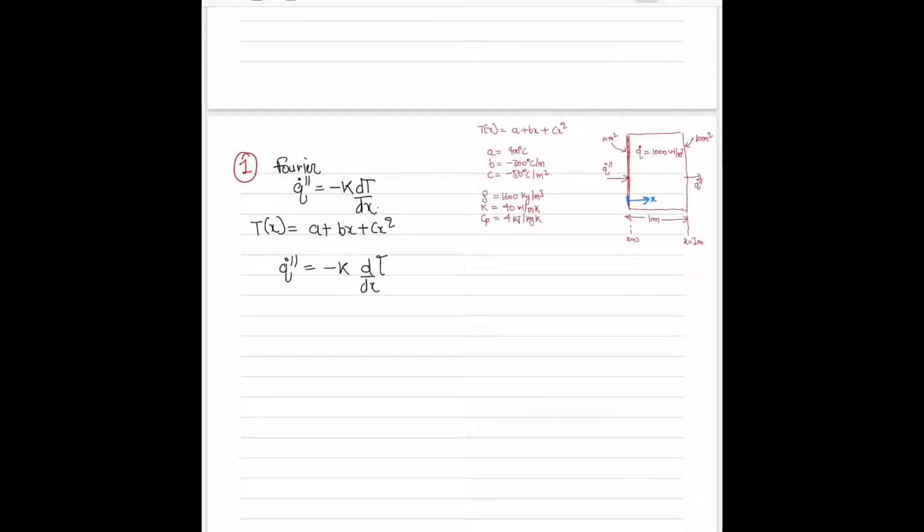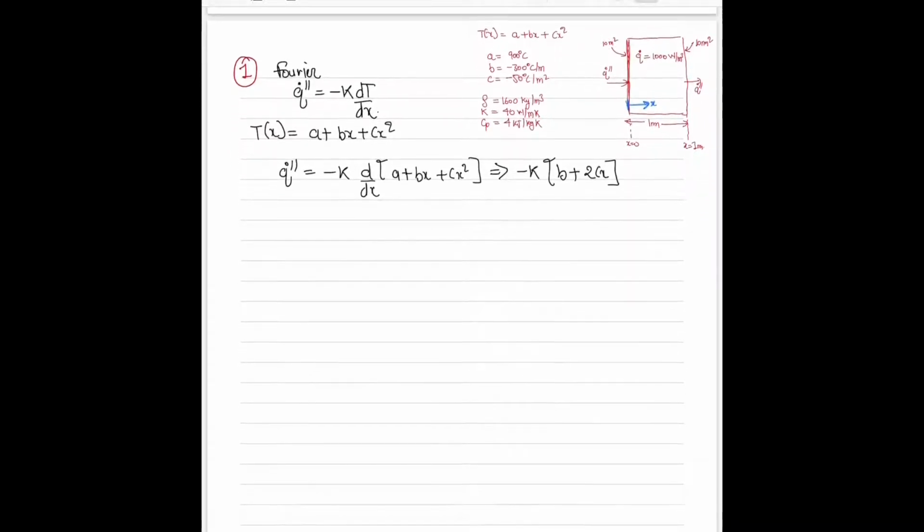Now we can write our heat flux as minus k dT/dx, which is equal to minus k (b + 2cx).